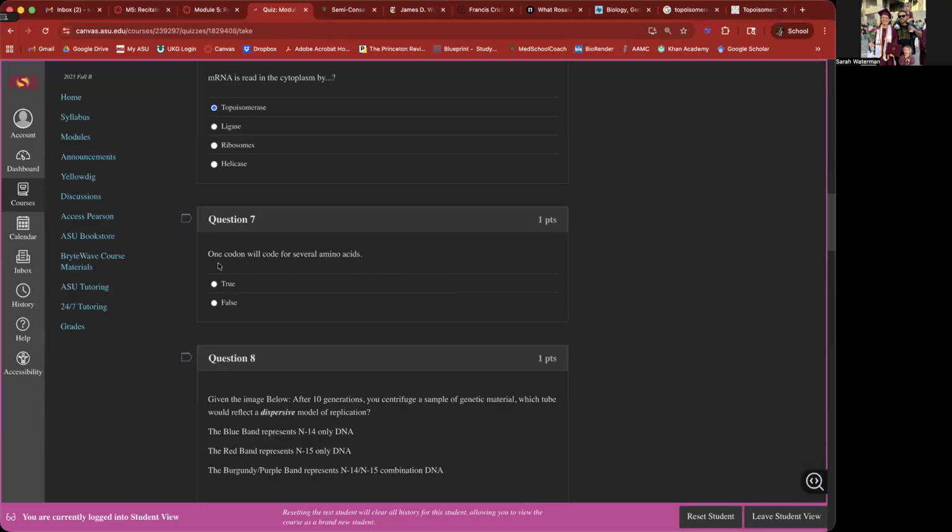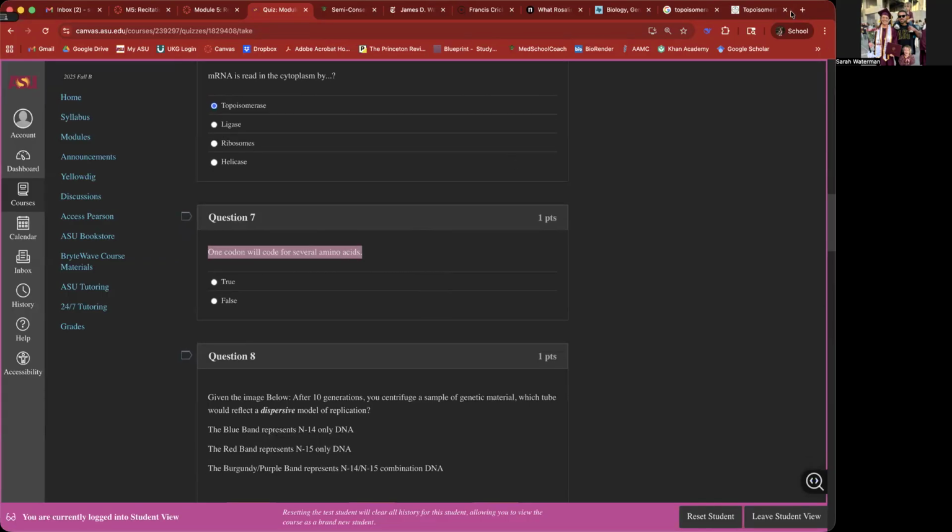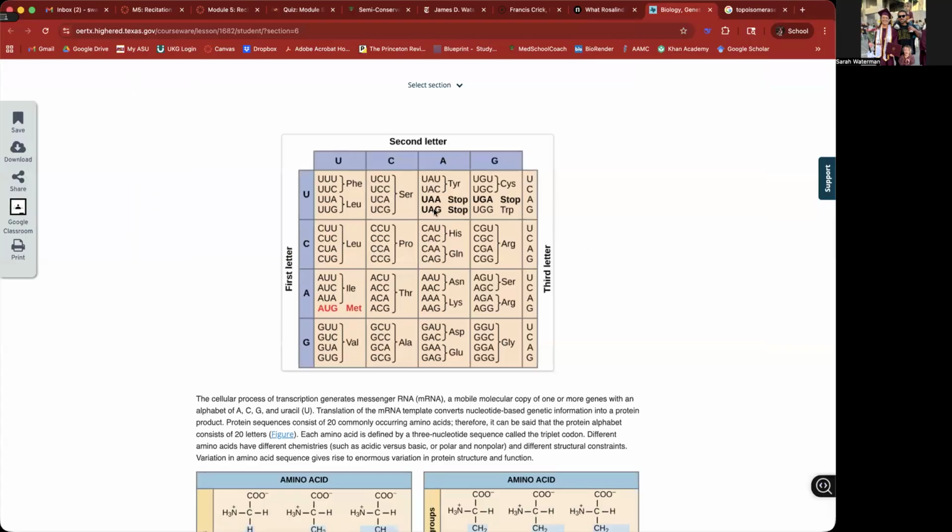So for our question 7, one codon will code for several amino acids. We know that to not be true because we see here one codon, UUU, only codes for this amino acid here. This codon is not found anywhere else on this map, right?